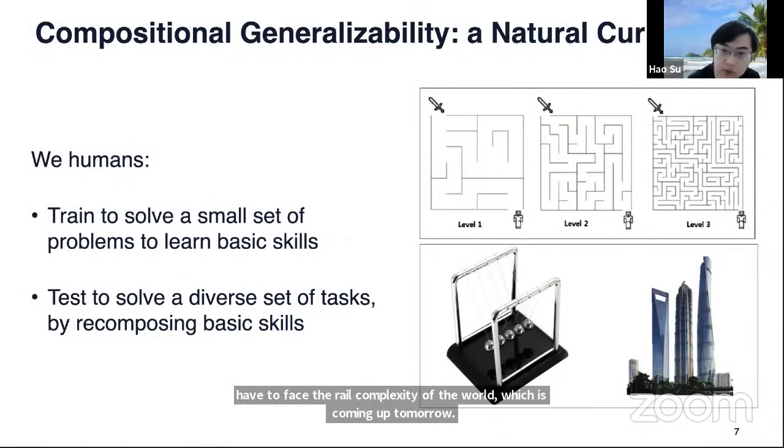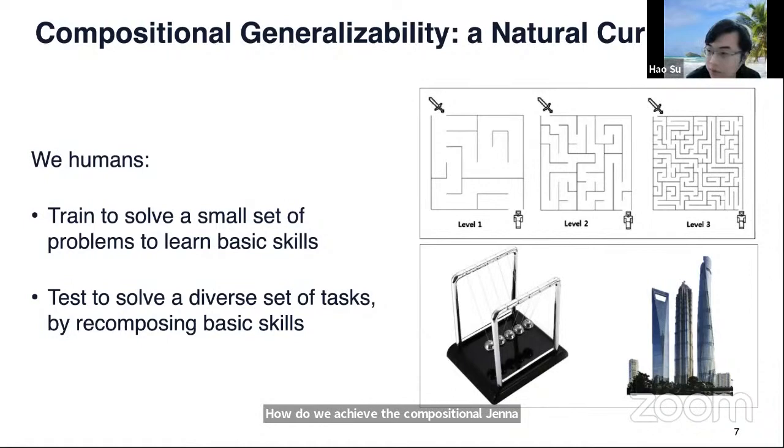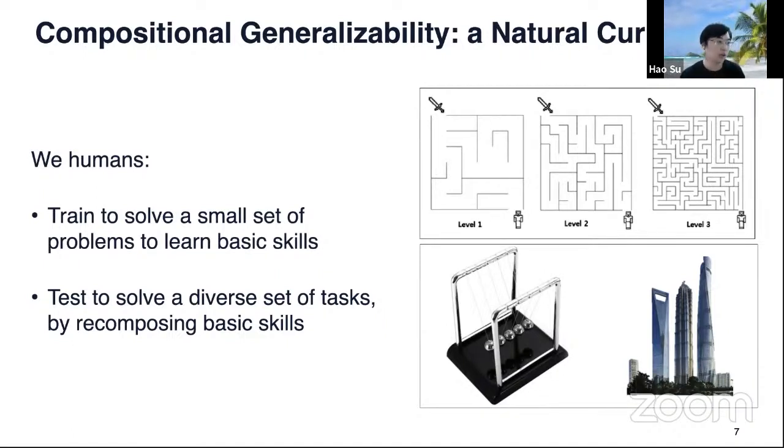How do we achieve compositional generalizability? A very natural way, well, it actually is also a natural curriculum, is that we learn from simple and test on hard ones. Recall our experience of taking all kinds of exams, right? Or preparing for the tests.